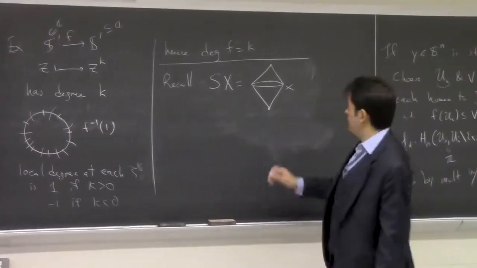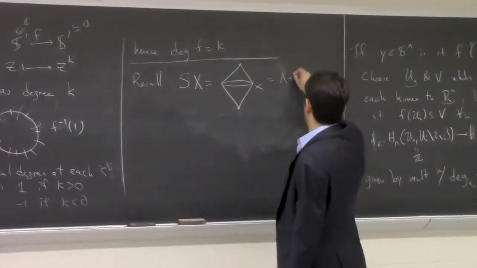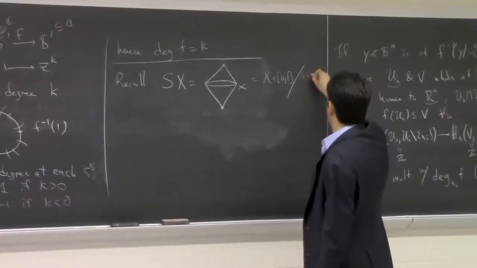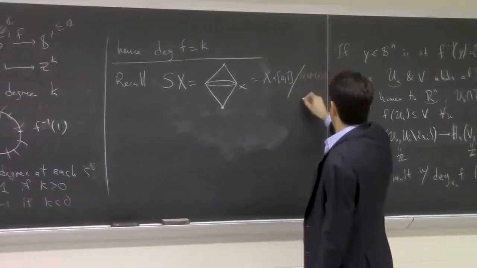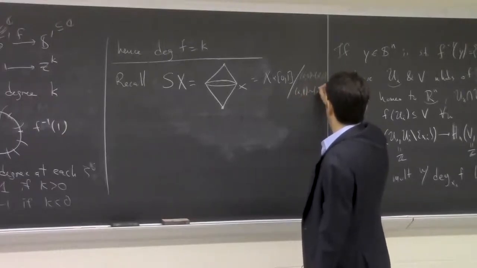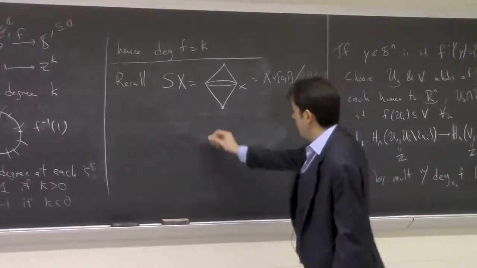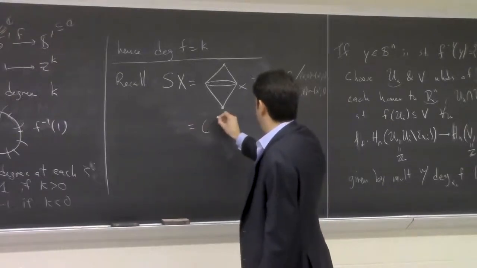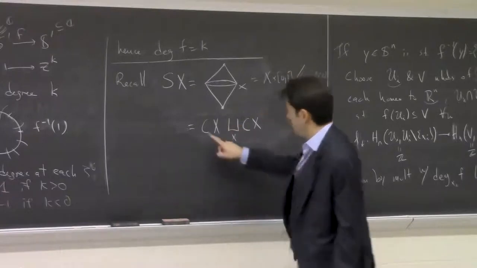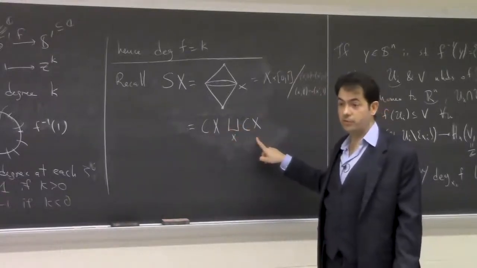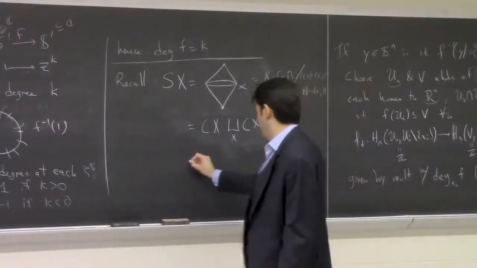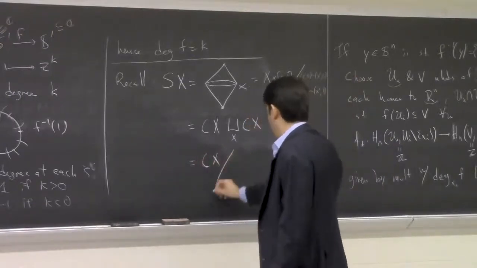You can think of this as X cross [0, 1], where we collapse everything at 0 and collapse everything at 1. You can think of this as two copies of the cone on X glued together at their base. You could also think of this as the cone on X where you collapse the base.